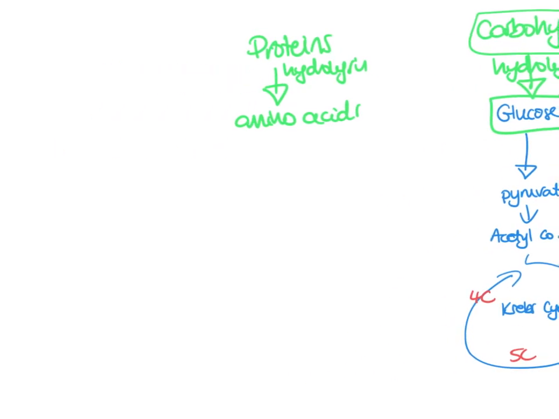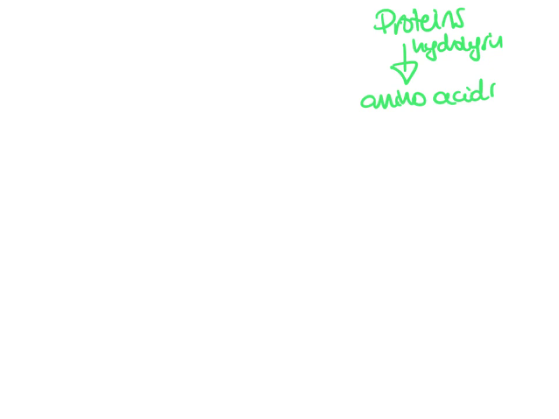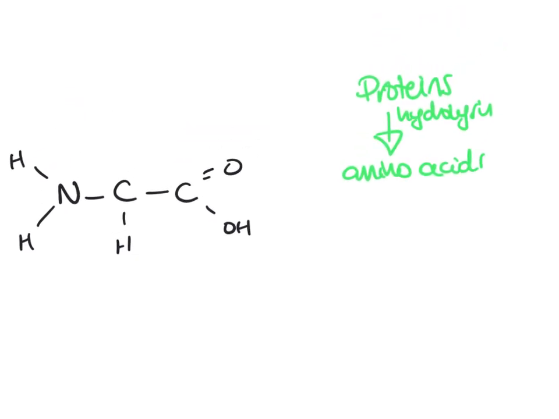What do you remember about amino acids? Well, there are 20 different amino acids. They have the amino group at one end, the carboxylic acid group at the other end, and then the R is what we call the variable group.